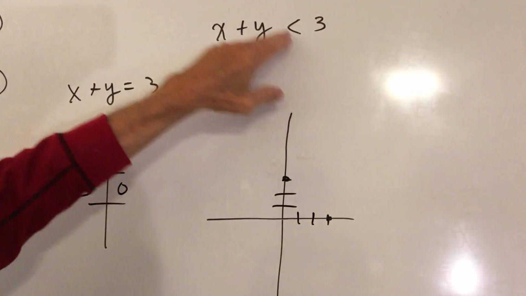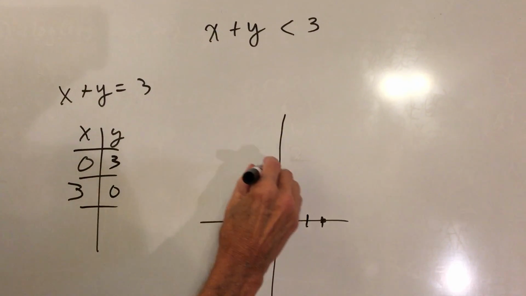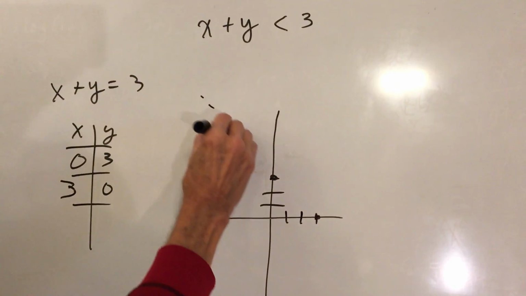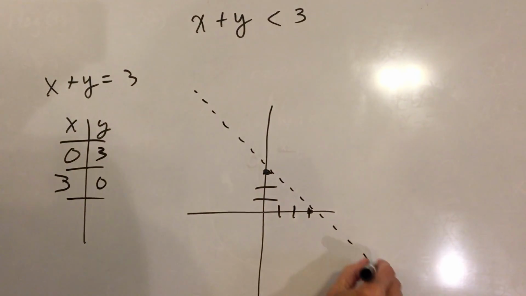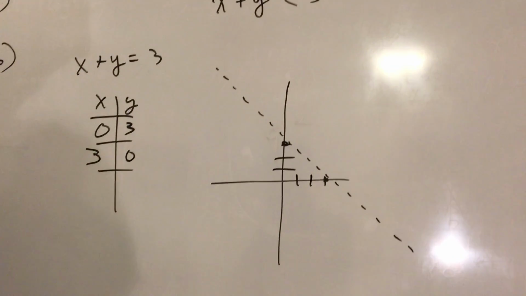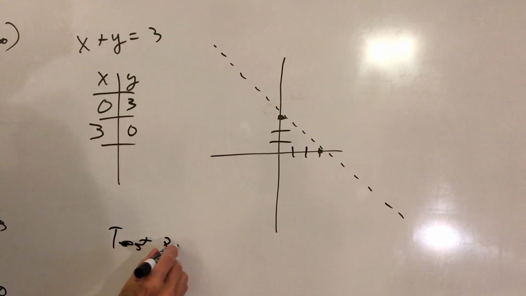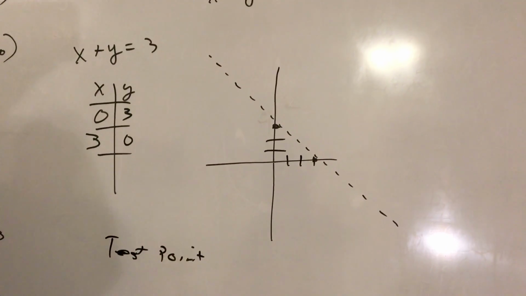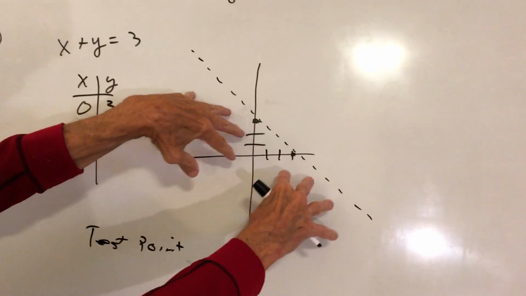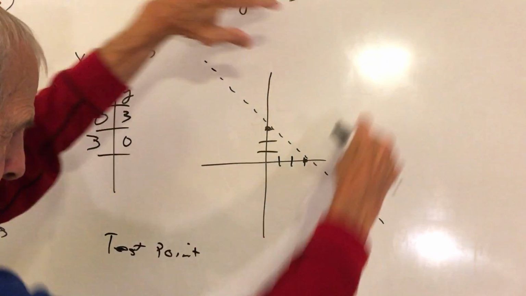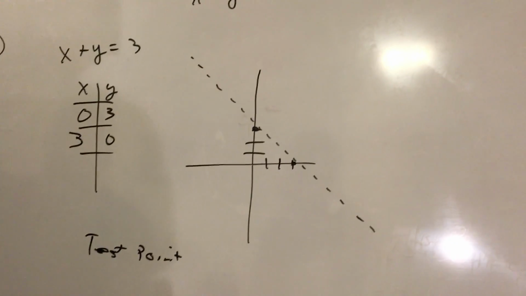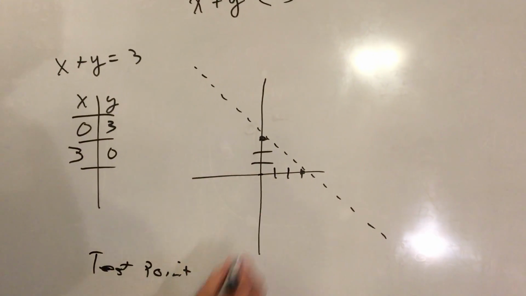If there is no "or equal to," we join the 2 points with a dotted line, then we take a test point. A test point is either on one side of the line or the other. A good test point here would be 0, 0.